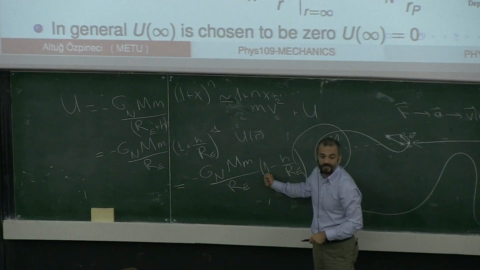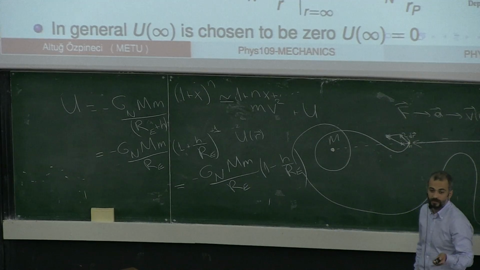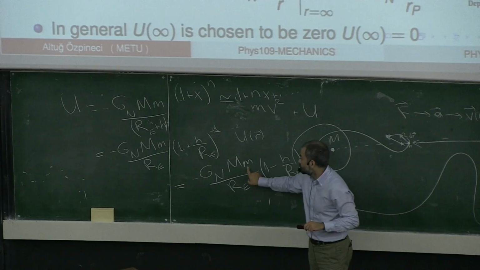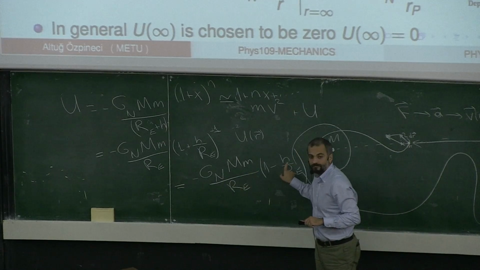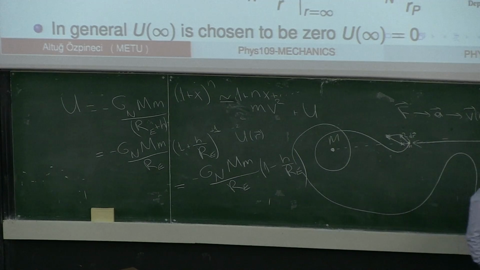So this is just a constant. Well, you can just throw it away in the definition of the potential energy. What remains is nothing but m h times the remaining coefficients, which is your g on the surface of the Earth.